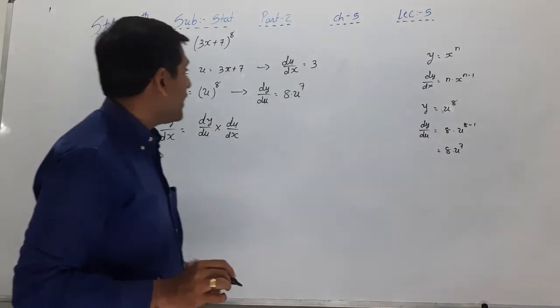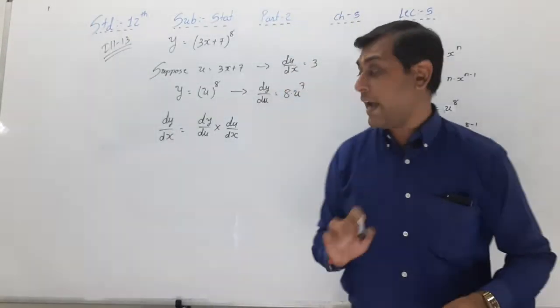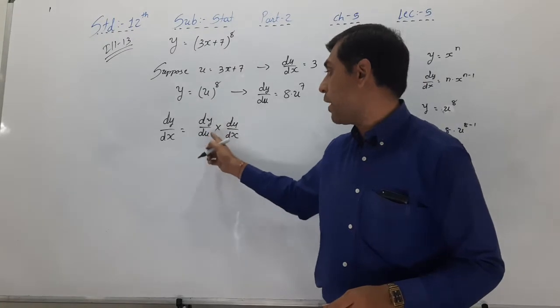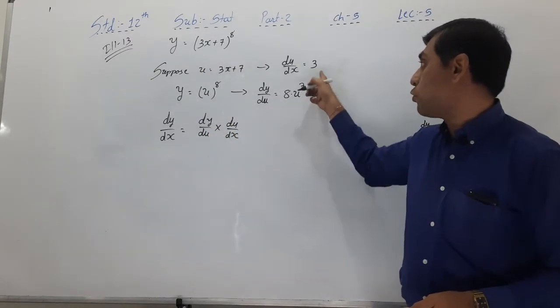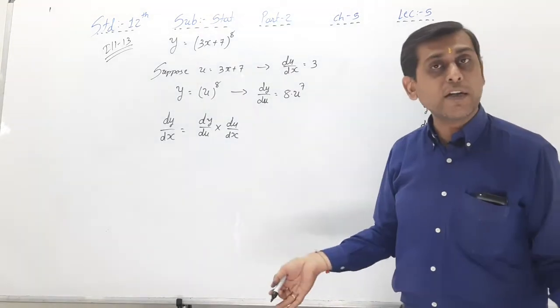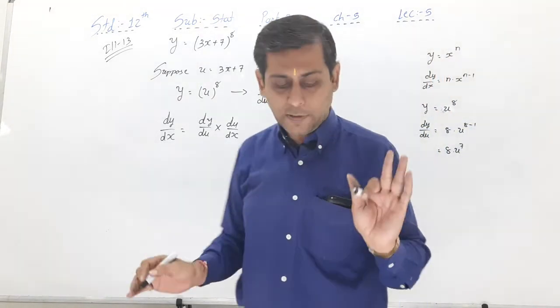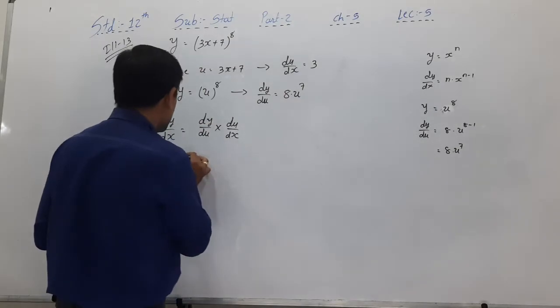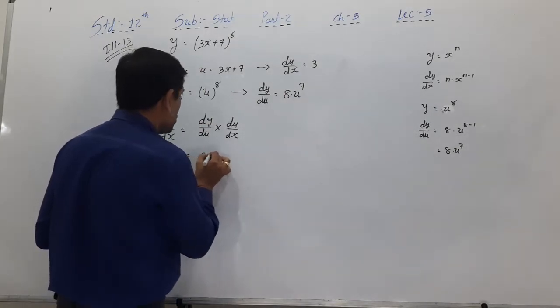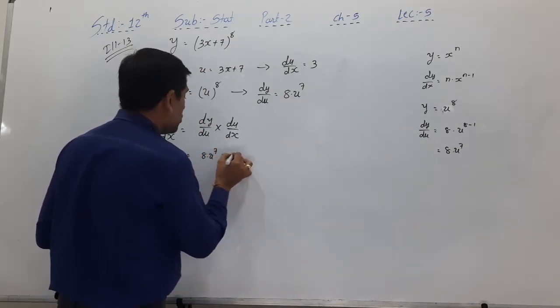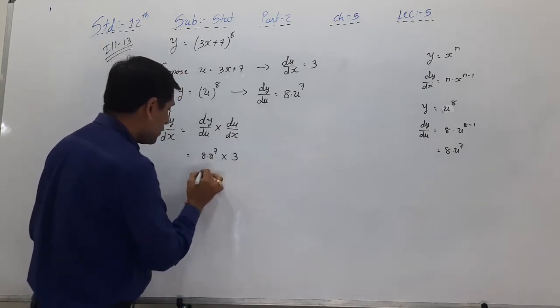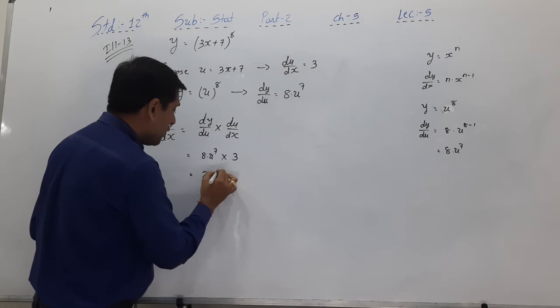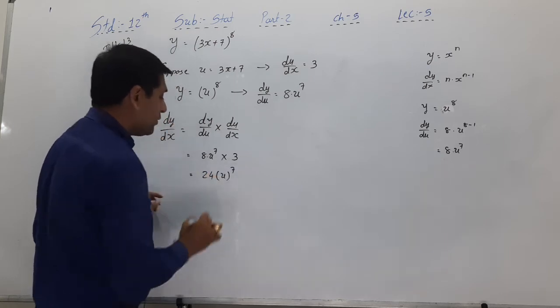Now for finding dy by dx, we have this formula, dy by du, that is this, and du by dx, that is this. We just have to multiply these two. That is your answer. Simple and very easy. See here, what is the answer here? 8 into u raised to 7 into 3. So we have to multiply this. 8 3s are 24 u raised to 7.